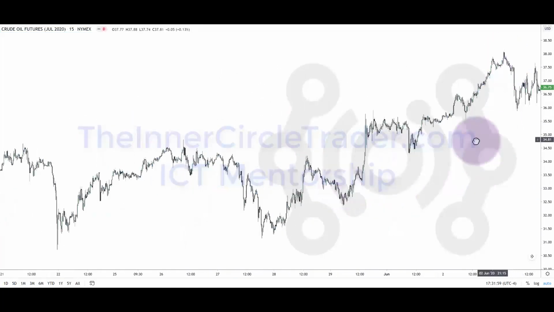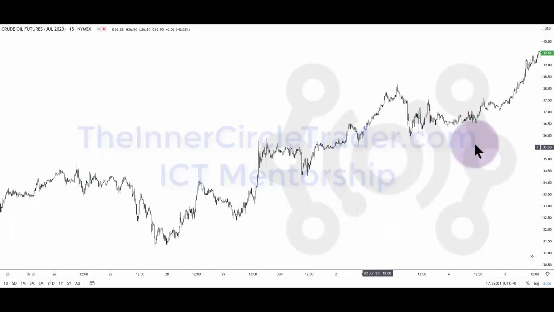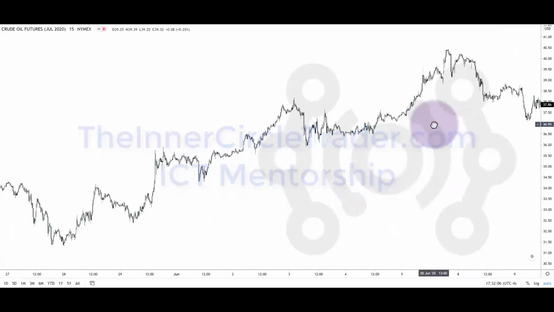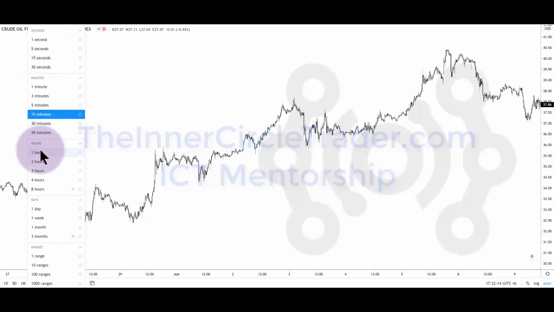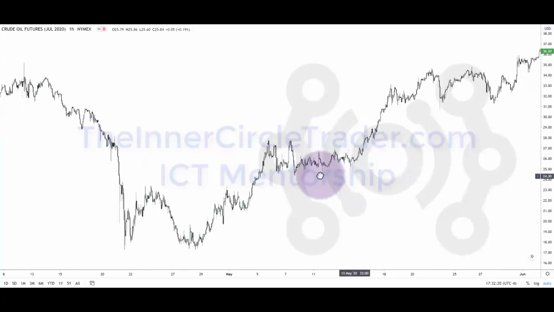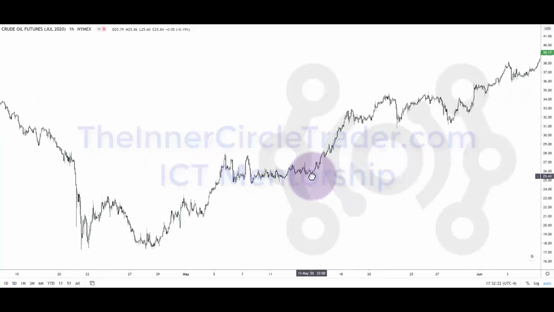Took us up into 38s, 39s, ultimately hit the 40s, and that's the closure on that gap on the daily chart. So again, all of these ideas fit together to give you a longer term price action model that would deliver not just day trades, not scalps.